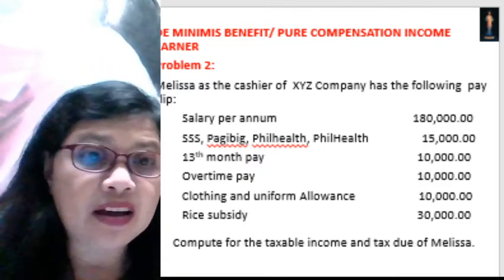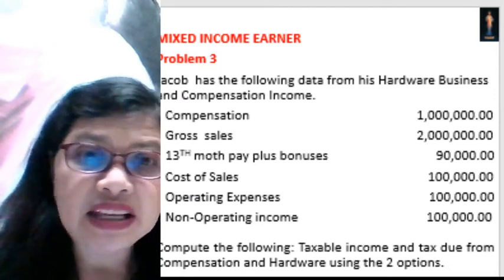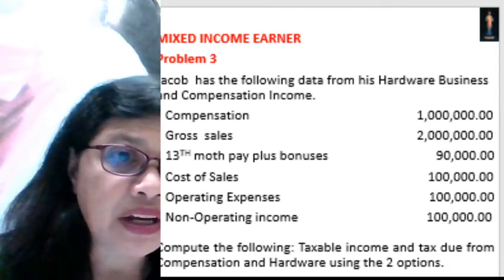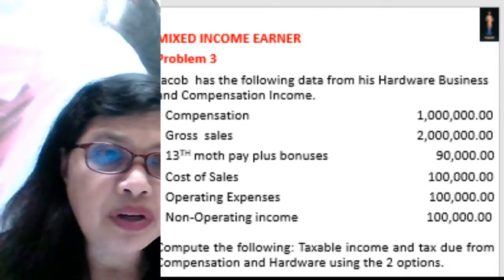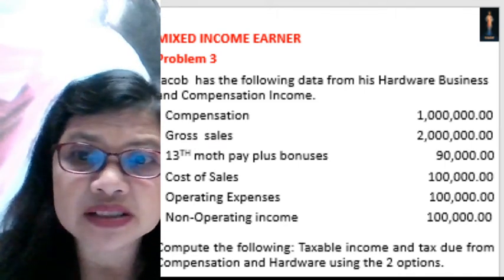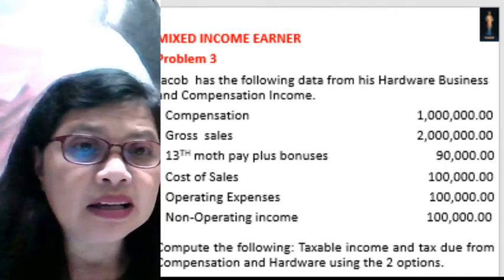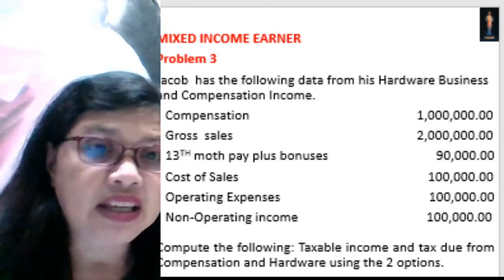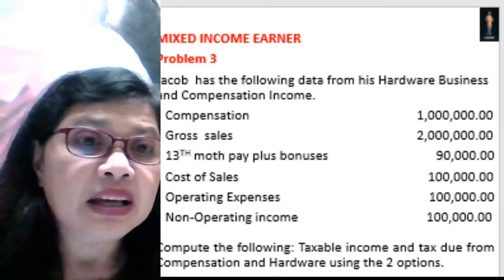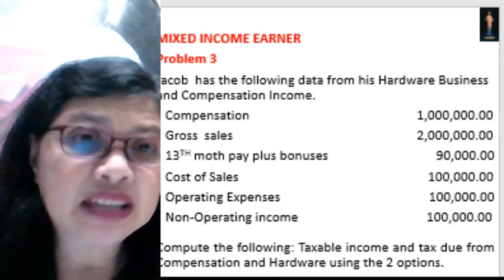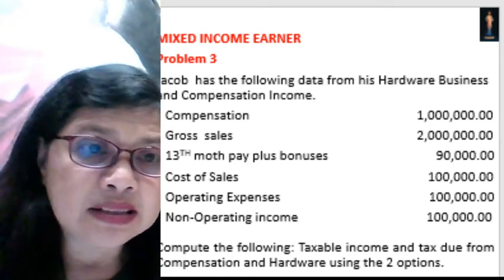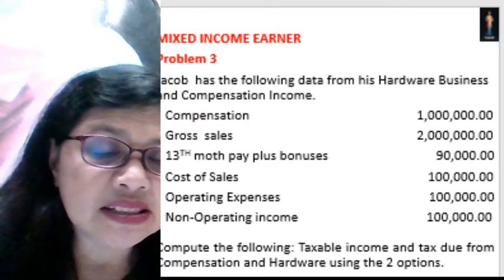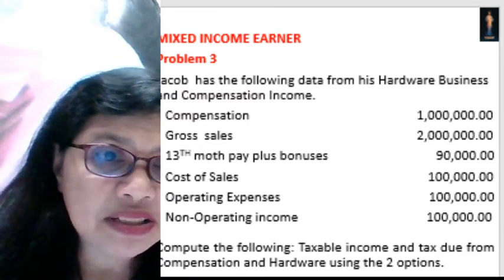Okay, next we have, okay, mixed income earner. Problem 3, mixed income earner. I think this is Jacob, who has the following data from his hardware business and compensation income. Okay, so Jacob is a mixed income earner taxpayer, but what does the problem say?